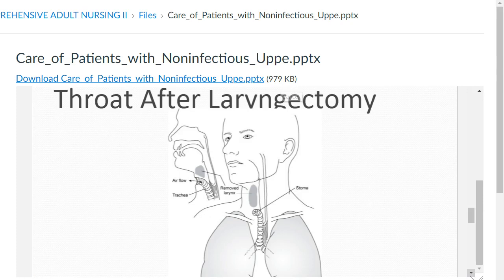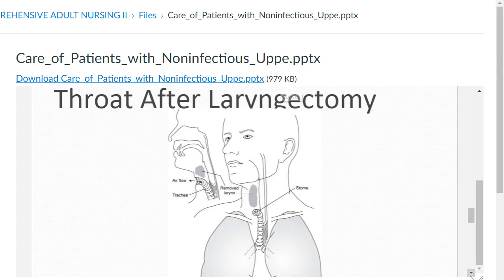They can diagnose it by a direct or indirect laryngoscopy, and of course with x-rays and biopsy. And of course, again, staging, tumor size and location, how many of the lymph nodes are involved, and the presence or absence of metastasis.